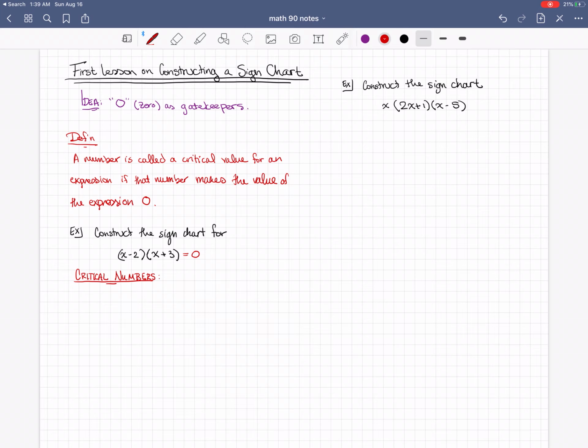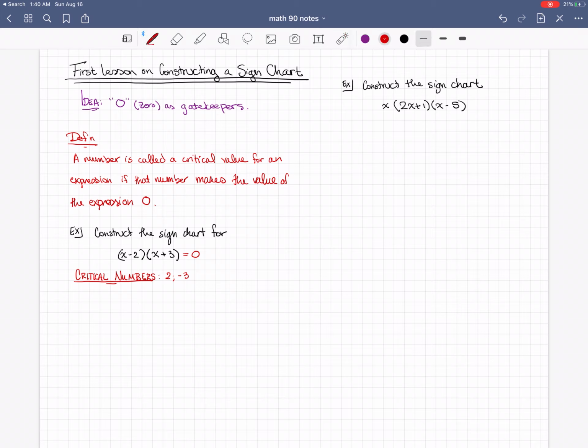What would make x minus 2 times x plus 3 equal 0? Well, we know that the 0 product property tells us that if 2 things multiply to 0, one of them has to be 0. X minus 2 is 0 when x is 2. X plus 3 is 0 when x is negative 3. So again, I'm setting this expression to 0 using the 0 product property.